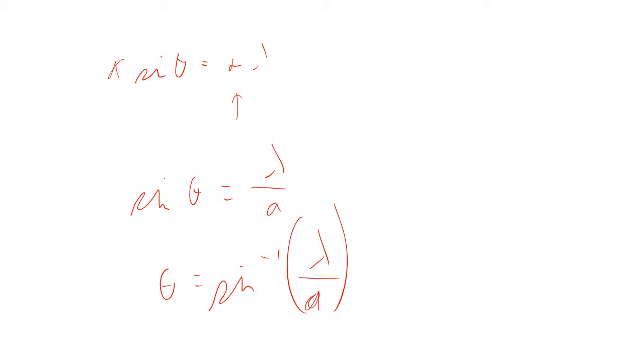So sine theta is going to be lambda over A. So theta is going to be the inverse sine of lambda over A. So theta is the inverse sine of lambda, 400 nanometers, divided by 1320 nanometers.